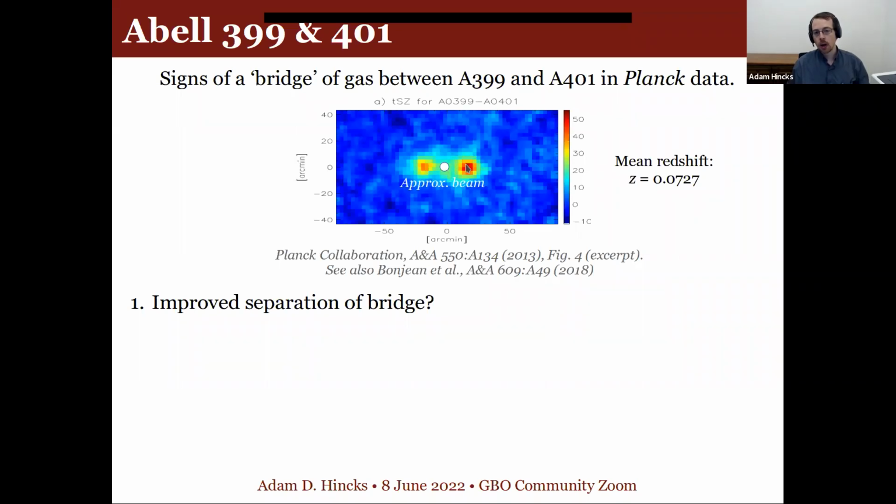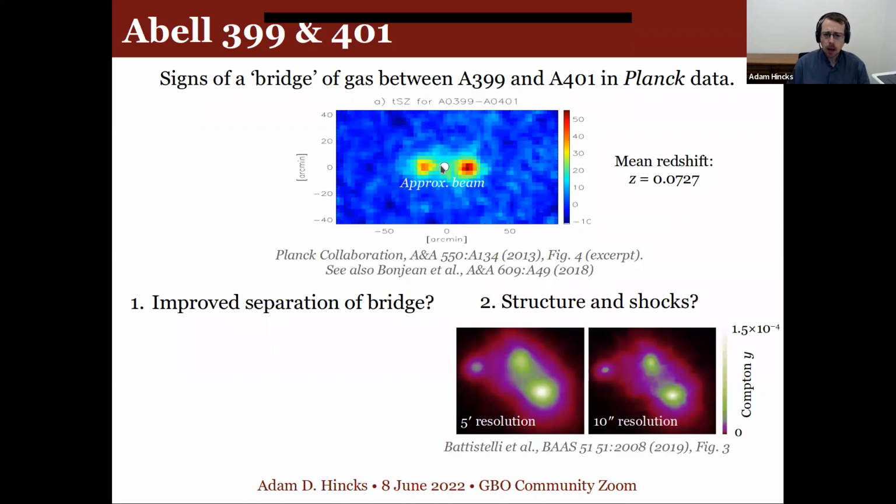Can you really show that there's a separation, or that the gas here in the middle isn't simply due to the overlap of the gas of these two clusters, and then can you get a high resolution image of this filament? And then the second question, where you want even higher resolution, is can we start resolving structure within this filament?